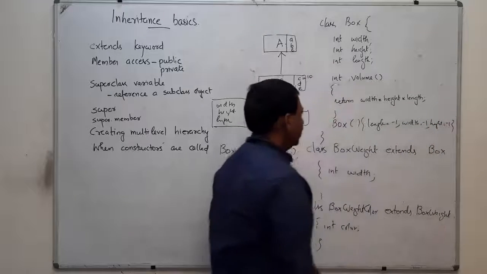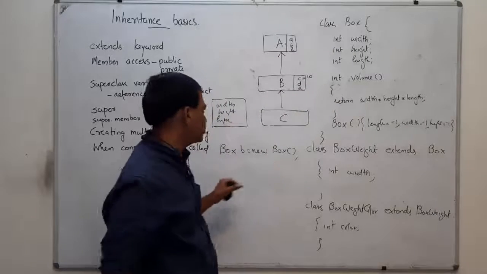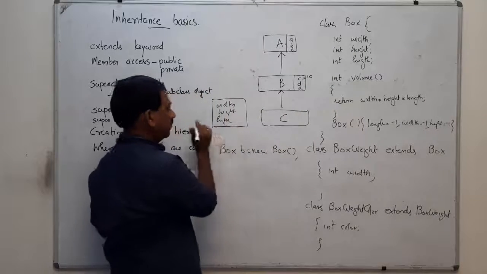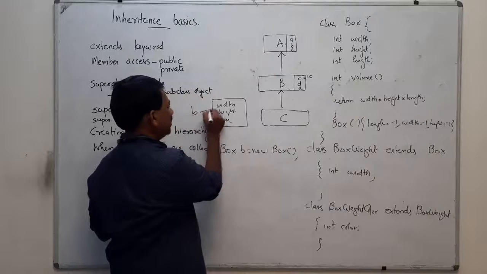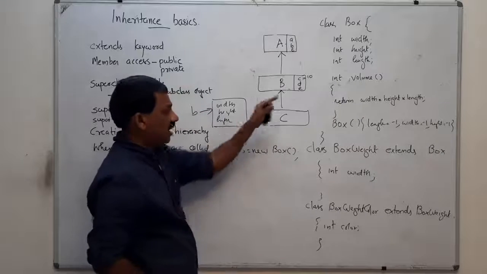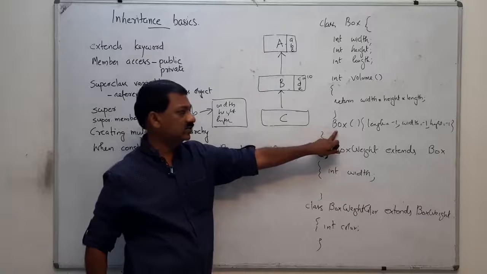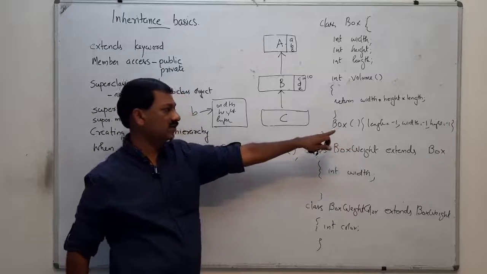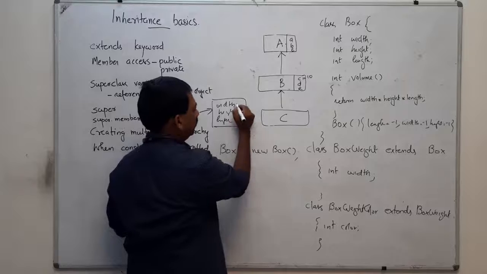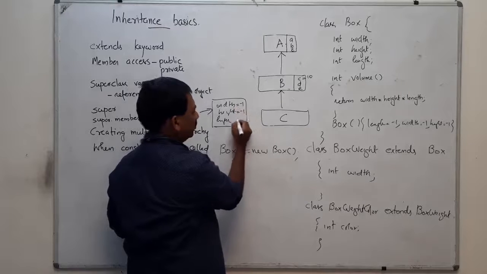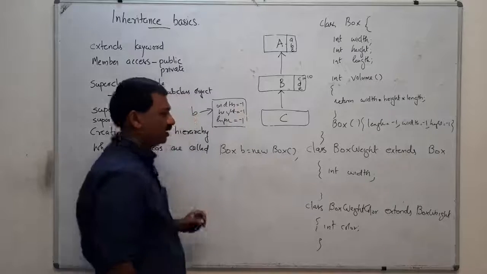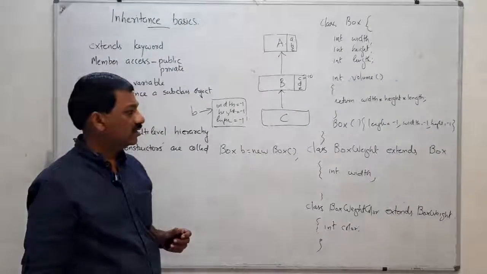Now you have created a Box B, and B is pointing to this object. After that, the Box constructor is executed. When you are executing this constructor, length equal to -1, width equal to -1, and height is equal to -1.